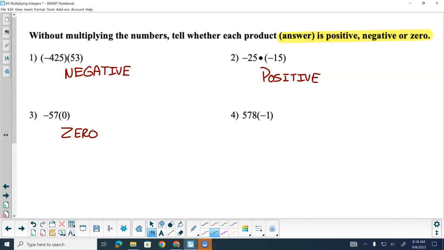Why negative? Different signs. Yep, exactly. Different signs. Good stuff. Correct.